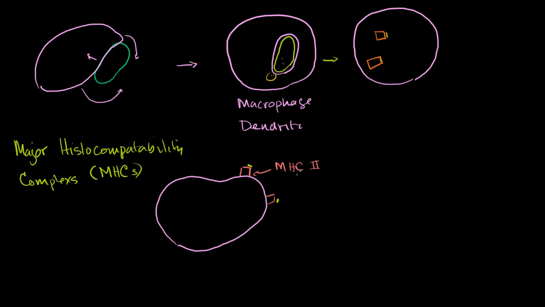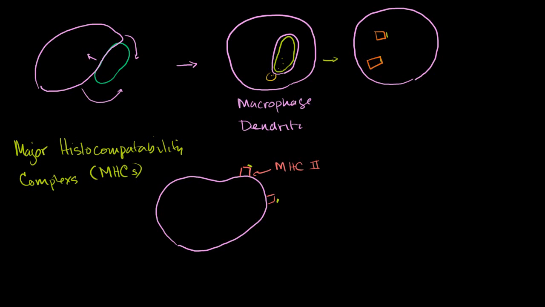It might seem like I'm really going into the minutia of what these proteins are, but we're going to see this is key for activating other parts of the immune system, especially the cell-mediated parts. So with a macrophage or a dendritic cell, they engulf something, they chew it all up, and then they attach parts of the chewed up thing to these MHC2 proteins, and these MHC proteins go to the top surface of the cell.